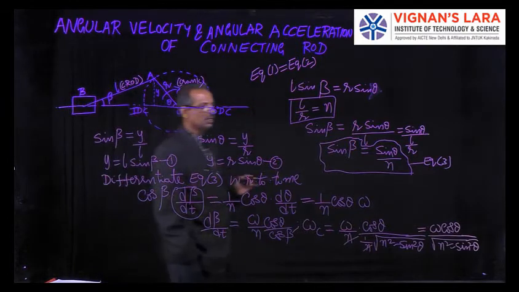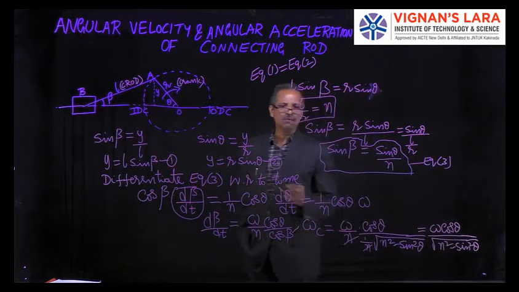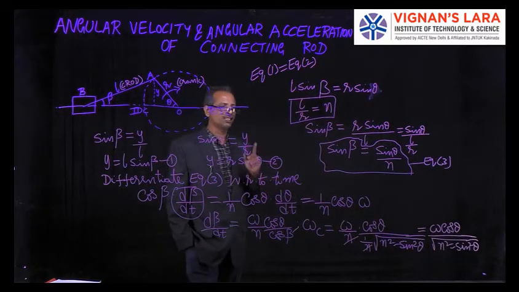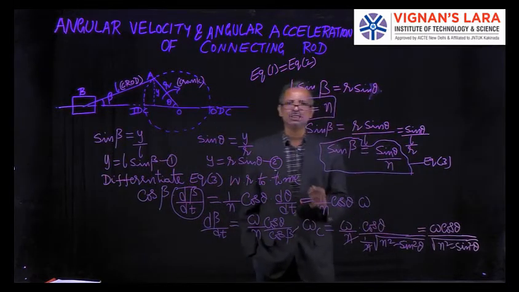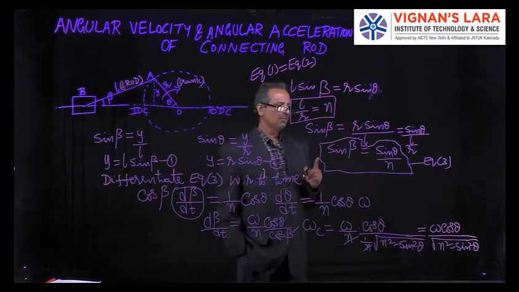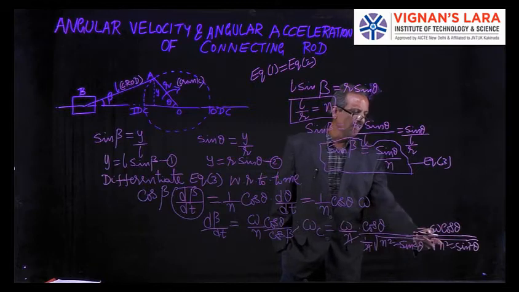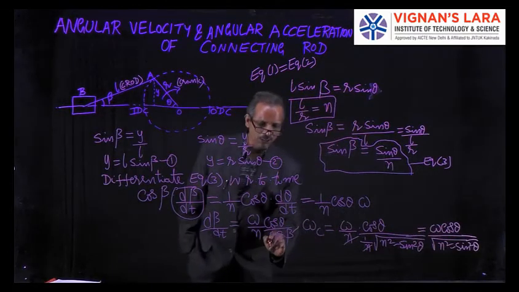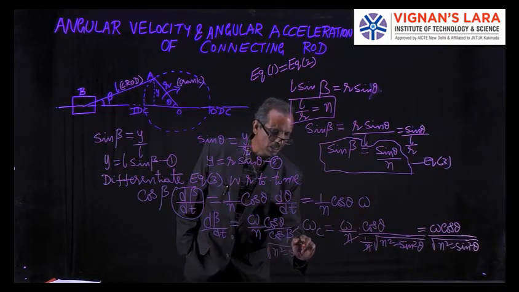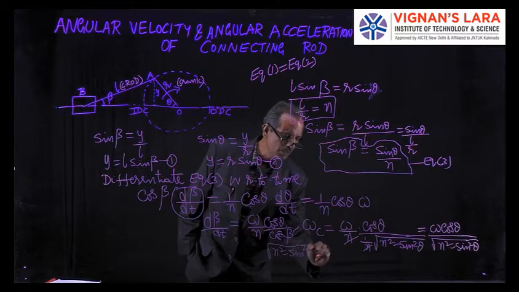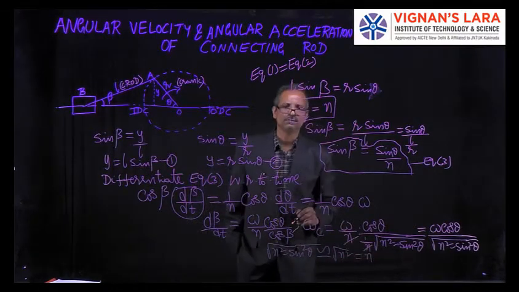Okay, so here look at this value, sin theta. What is the maximum value of sin theta? Sin theta can become maximum 1. And we said n is a larger value, then n square is also a bigger value. So if you subtract a smaller value from a bigger value, this bigger value will not change. That means I assume root over n square minus sin square theta as approximately root n square, which is n.